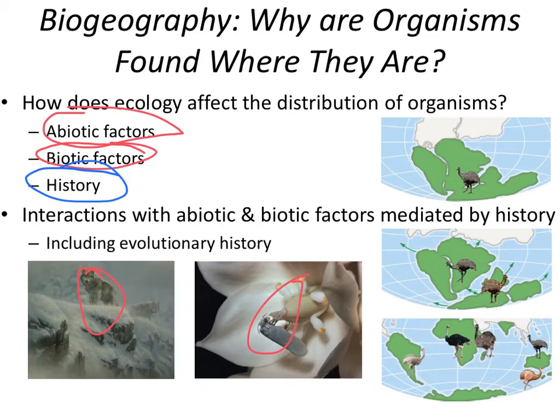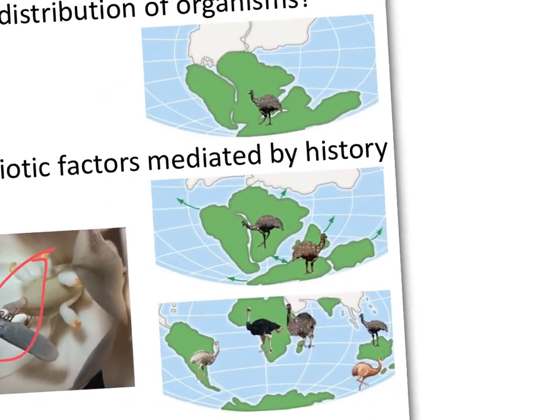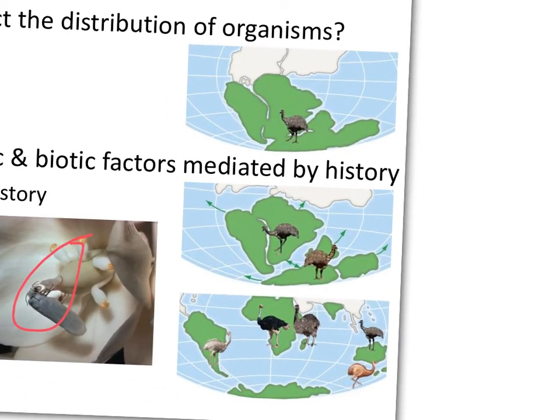So we have on the right here these are ratite birds. Ratites, so here we have an ostrich.